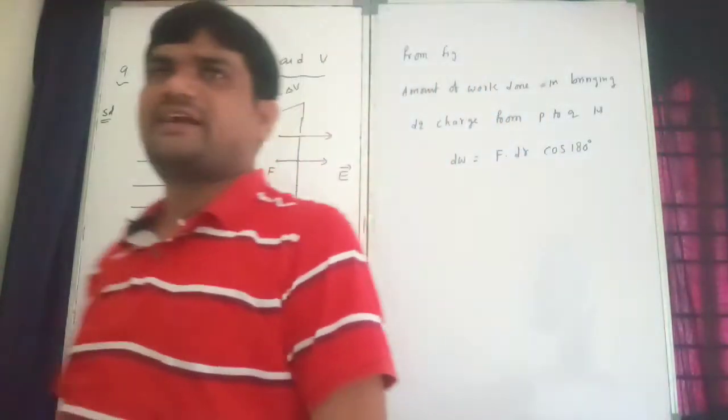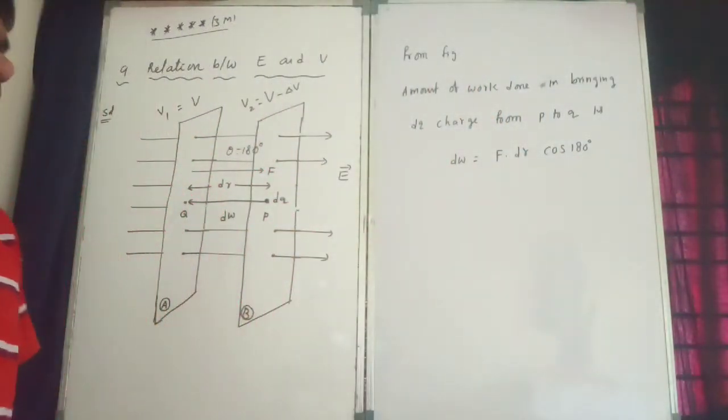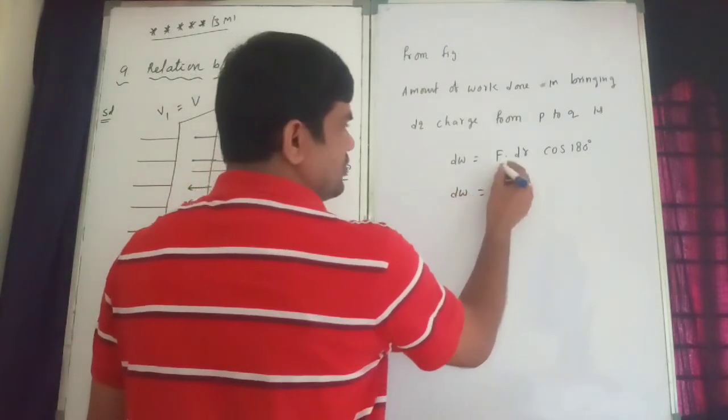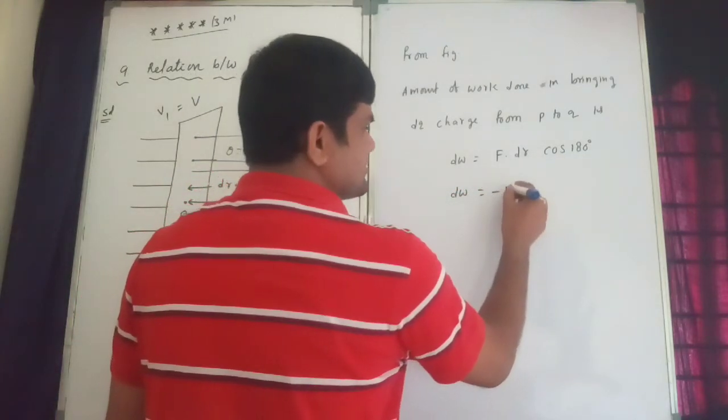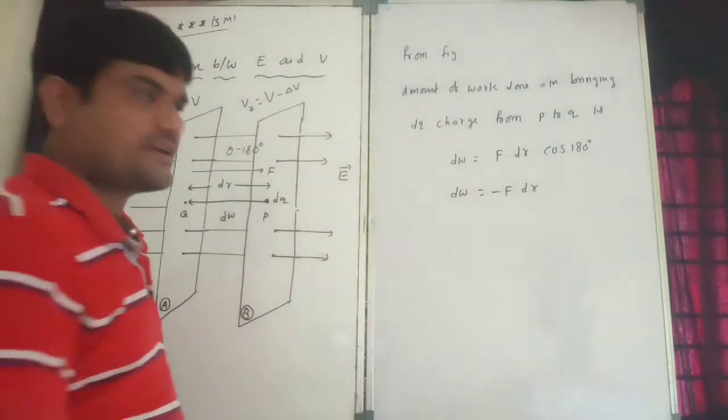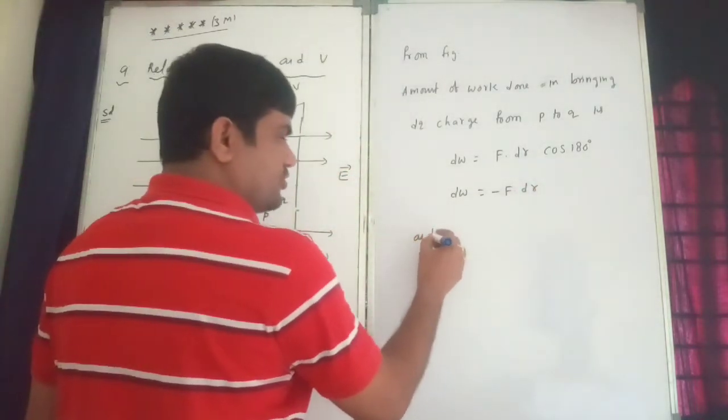Cos 180, correct everybody? Therefore, dW is equal to minus F into dr.